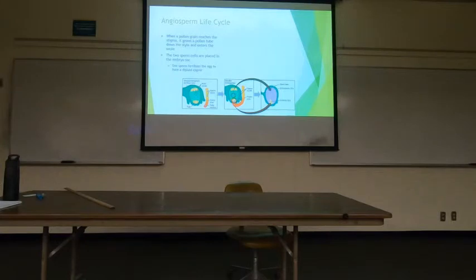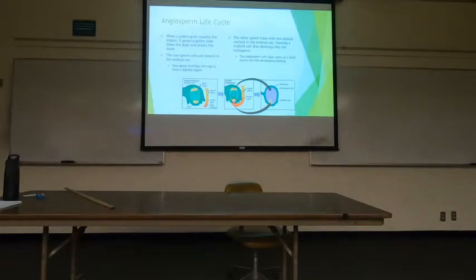One sperm will fertilize the egg, and because it's haploid joining with the haploid egg, we get a diploid zygote. The other sperm will then fuse with that diploid nucleus in the middle of the embryo sac, which forms a triploid or 3n cell, which will develop into something called the endosperm.